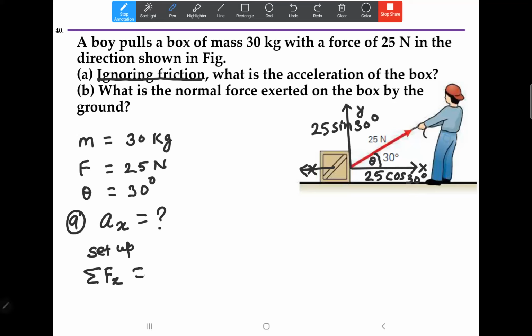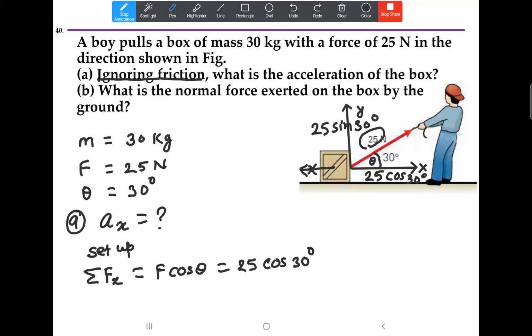In this problem, there is only one force acting along the x-axis, which is the x component of this 25 newton force. The x component is simply F cos theta, and we know F is 25 and the angle is 30 degrees.